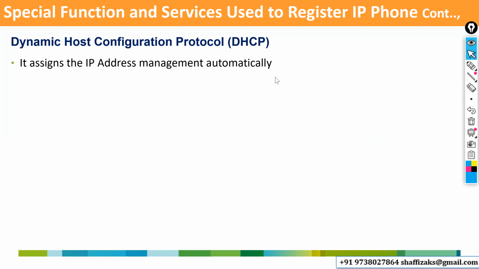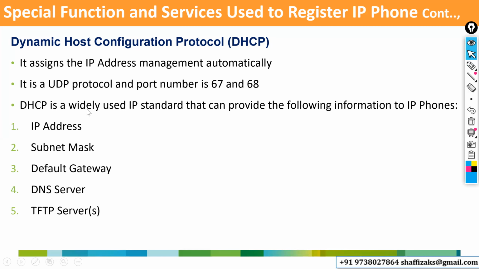And DHCP is a UDP protocol, and the port numbers are 67 and 68: 67 for the server and 68 for the client.